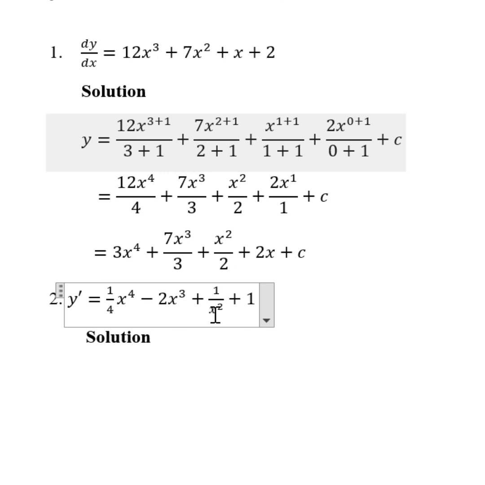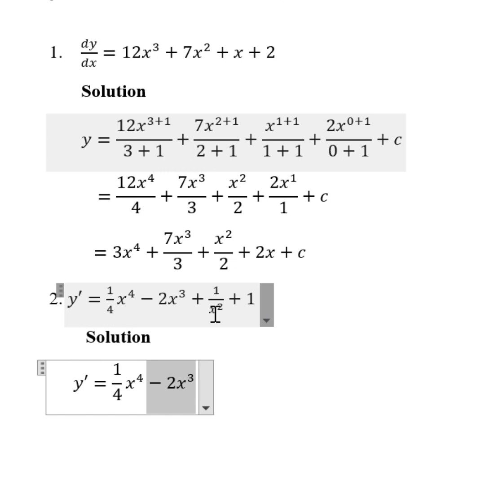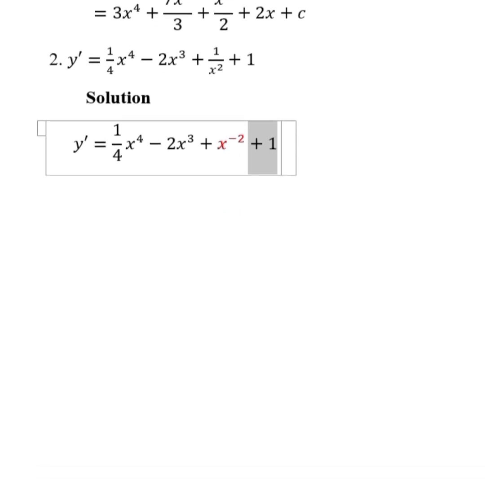So we remove this one from the denominator and bring it on the numerator. It will be x raised to power -2. So this equation will be y prime is equal to a quarter x raised to power 4 minus 2x cubed plus x raised to power -2. We have just removed it from the denominator to the numerator side plus 1. We have not integrated. That's why it is still y prime. Then now we integrate this.